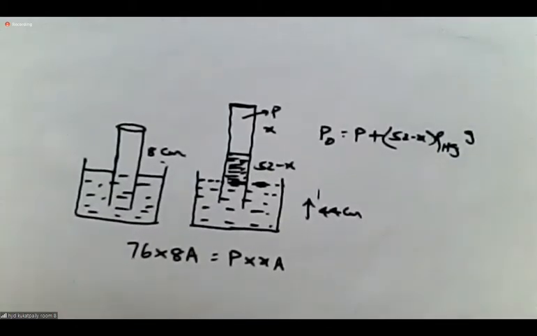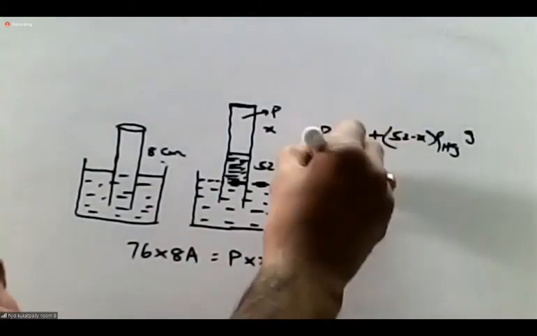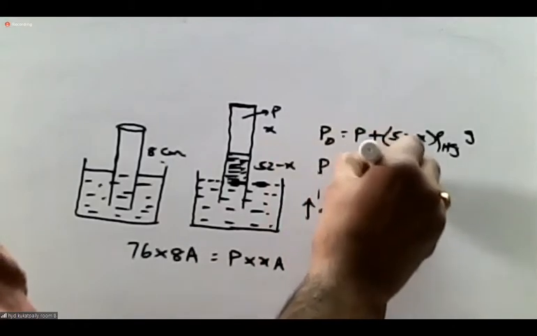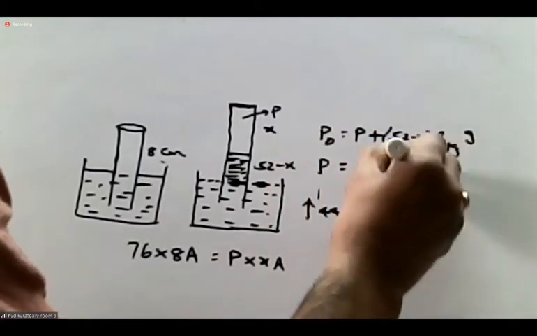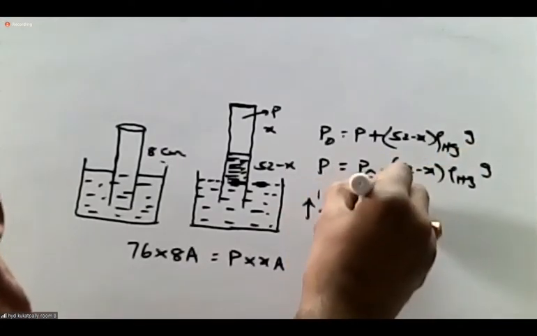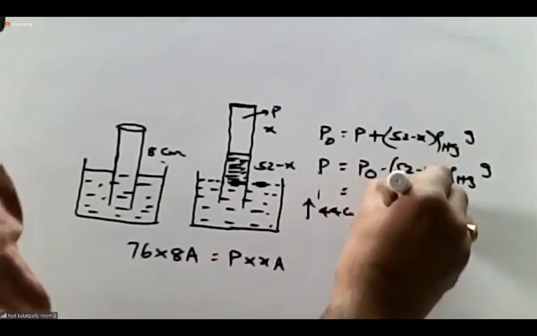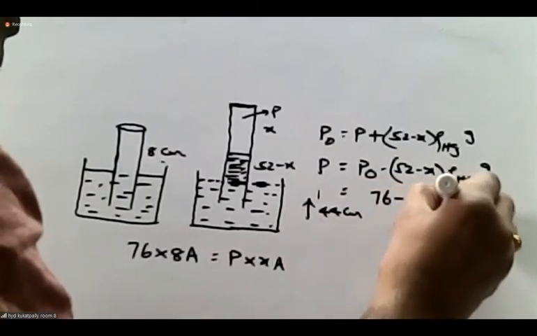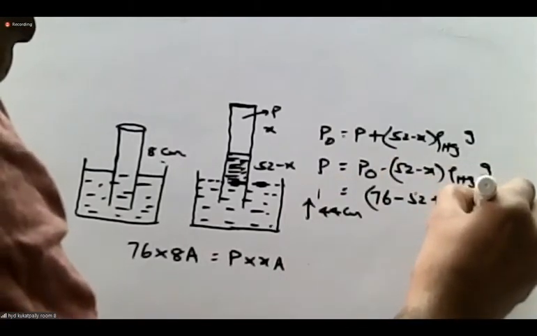Check now. Pressure P is equal to P naught minus (52 minus X) into rho mercury into g. P naught I can write as 76. So 76 minus 52 plus X, into rho mercury into g.